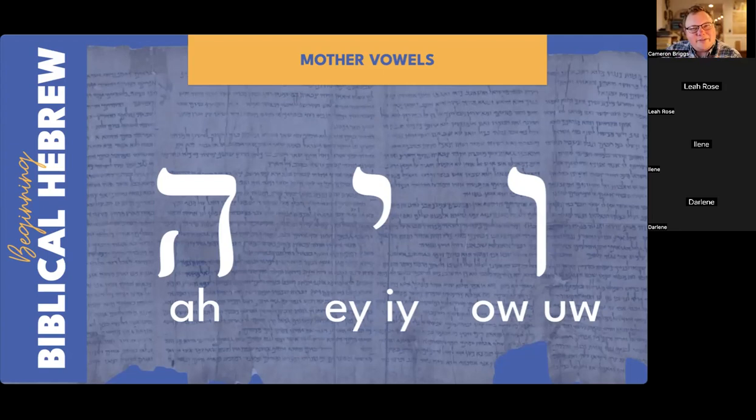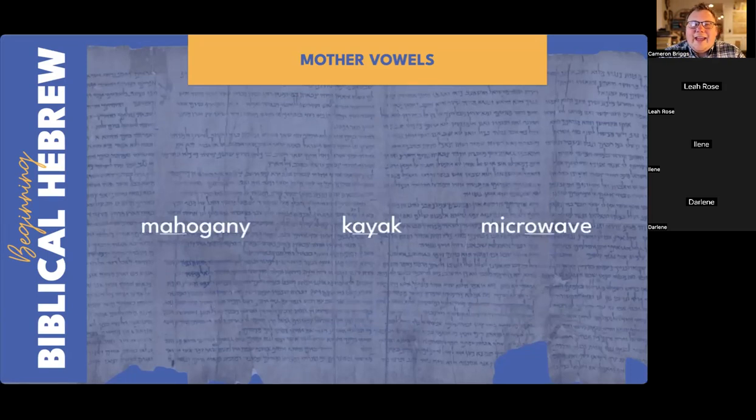Mother vowels. We have these three mother vowels. And if we take a look at some English examples of these, let's take the word mahogany. Can you pronounce the hey, or the H sound, without a vowel? Mahogany, it's just impossible. And so in order to get that consonant, you have to have the vowel sound with it. The same goes with kayak.